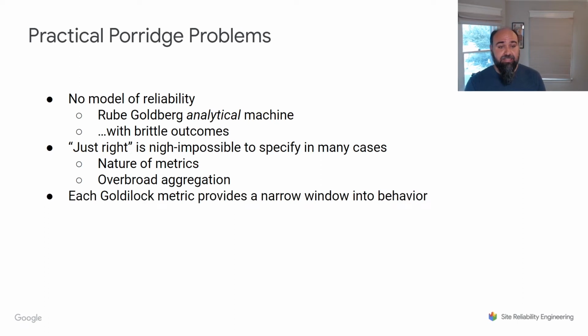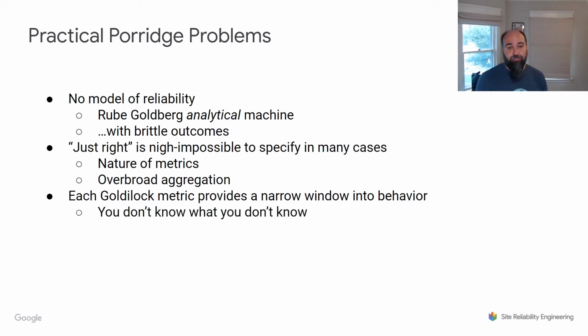The third thing is each of these provides a very narrow window into behavior, and this really causes two different problems, right? The first one is you don't know what you don't know. You frequently see this pattern in services, even as they get very mature, that you need to add additional metrics over time to understand what's going on as you find new classes of outages.